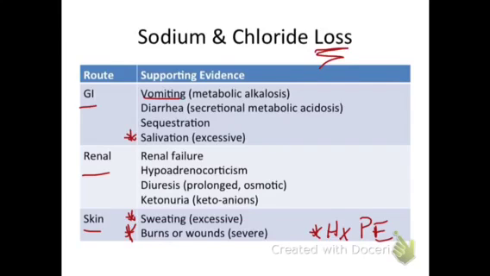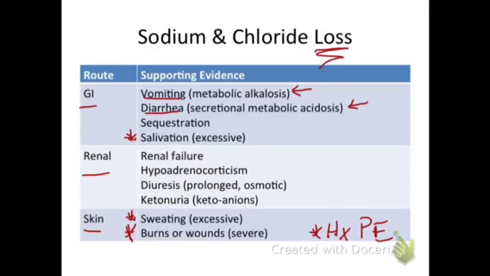Vomiting is supported by the presence of a metabolic alkalosis due to a loss of hydrochloric acid-rich gastric fluid. Diarrhea is supported by the presence of a secretional metabolic acidosis due to a secretory diarrhea.